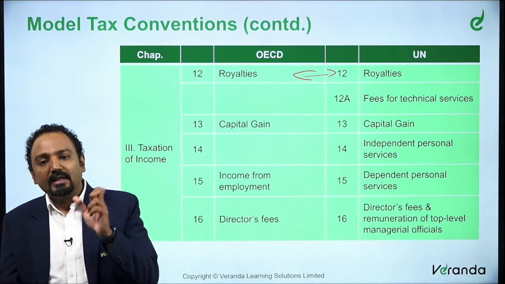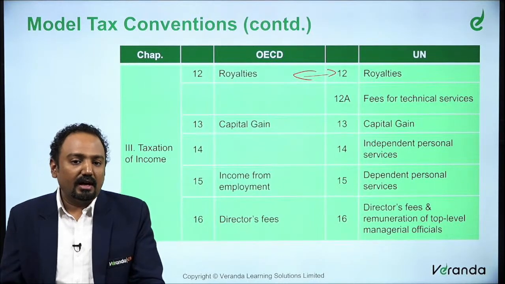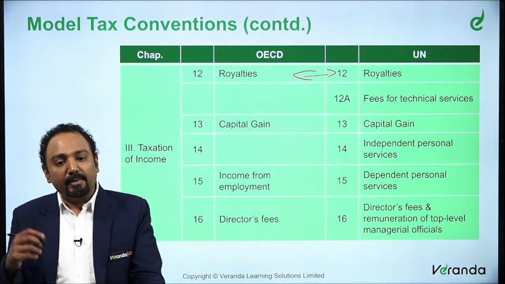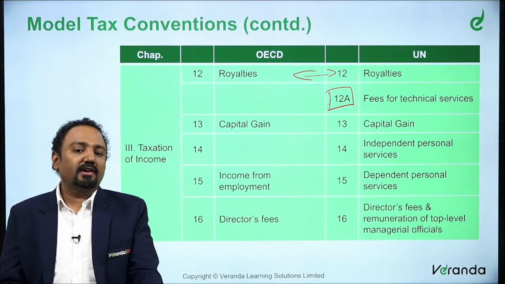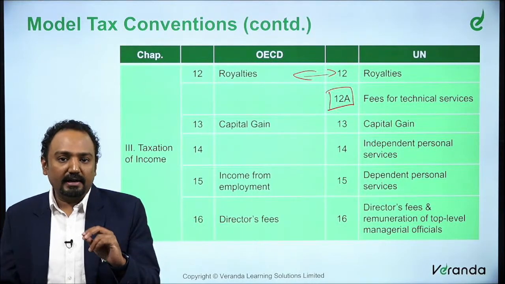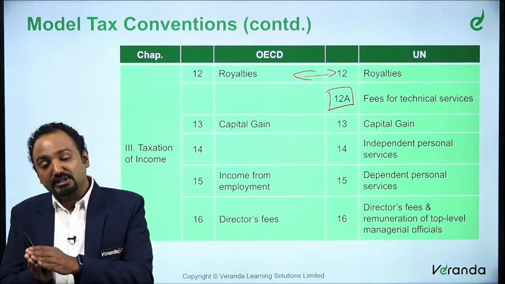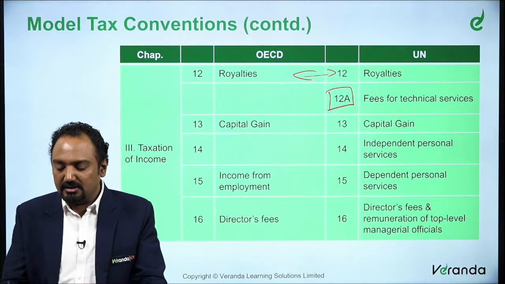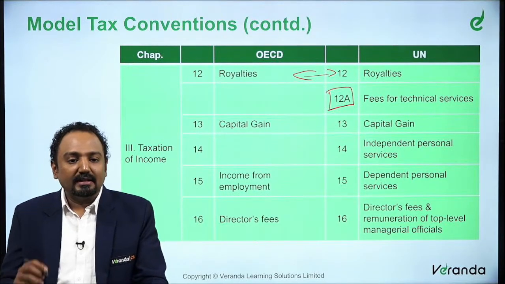So this royalty is discussed here in Article 12. But the UN additionally has a separate article for fees for technical services. OECD has only royalty in Article 12. The UN says I have a specific article for fees for technical services in 12A. So that is exclusively covered in Article 12A.